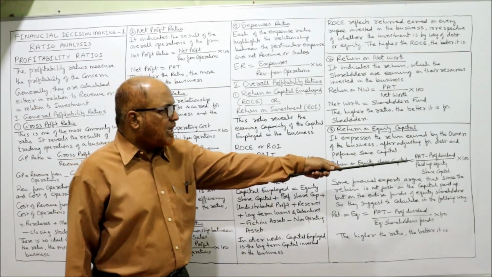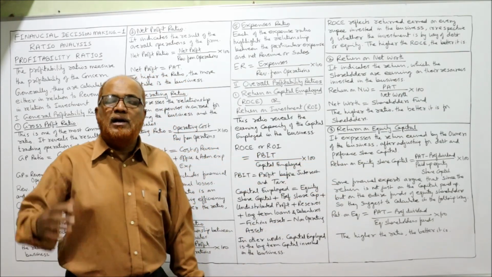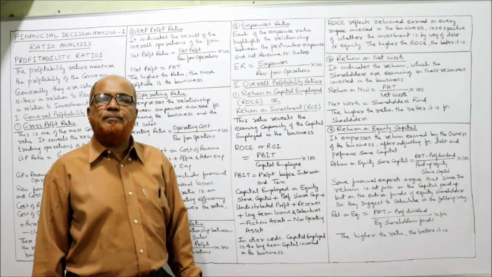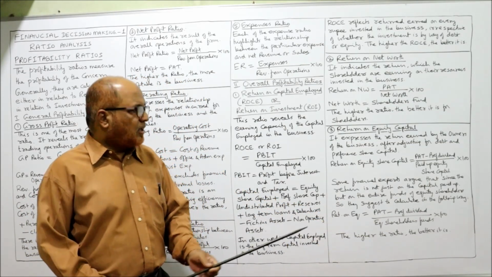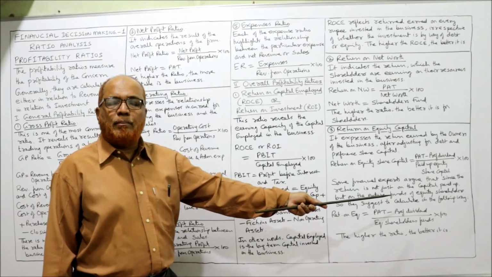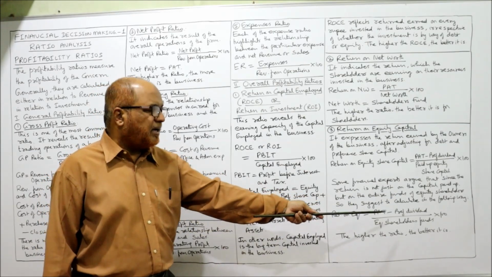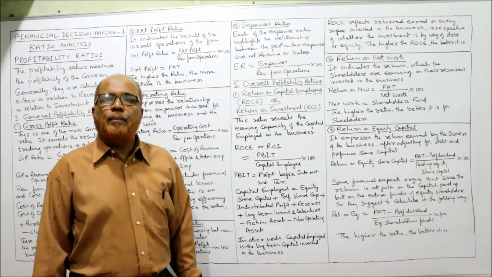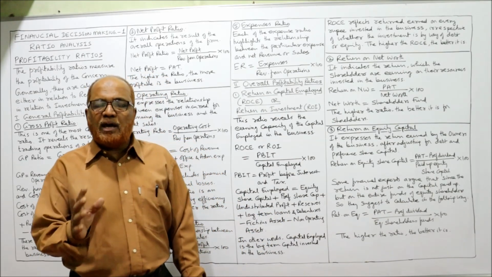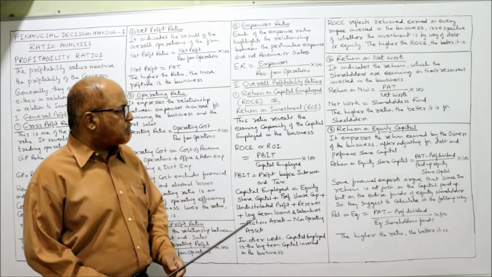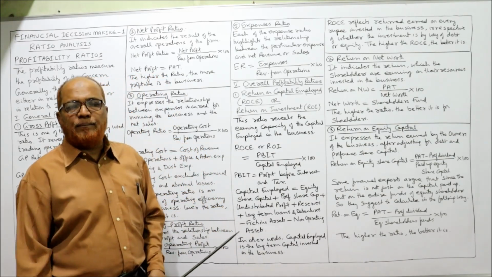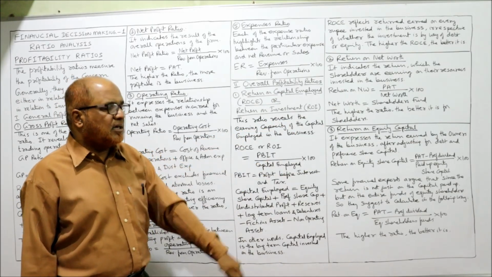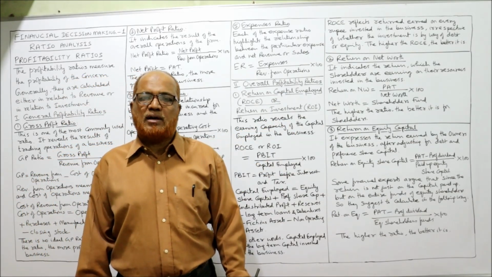So instead of taking paid up equity share capital, we can take equity shareholders fund. Then the formula will be PAT minus preference dividend divided by equity shareholders fund into 100. The higher the ratio, better it is. So how many overall profitability ratios have I explained here? ROCE, return on capital employed, return on net worth, return on equity share capital.